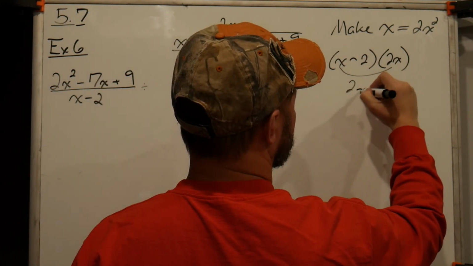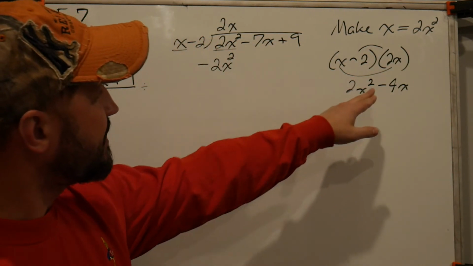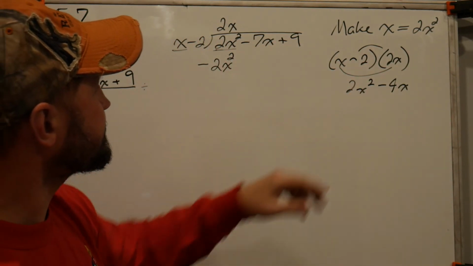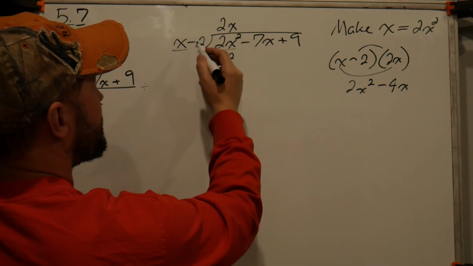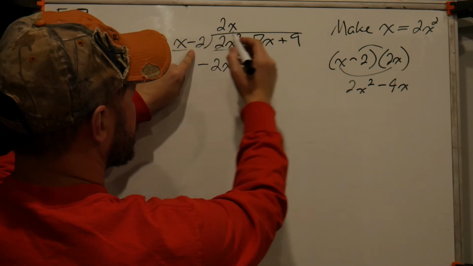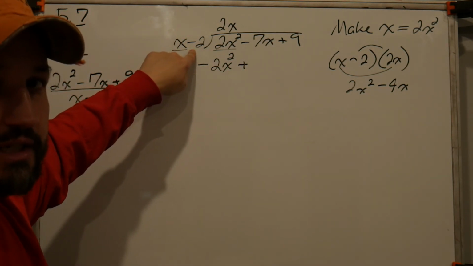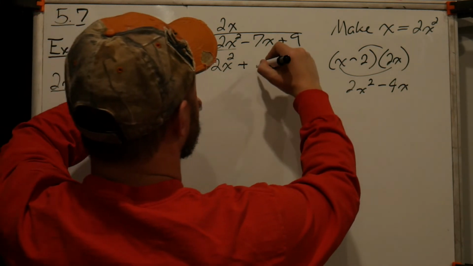That gave me my 2x squared, but then I also have a negative 4x. So my negative 4x, again opposite, think opposite down here. I have a negative 4x, I'm going to subtract it. Minus a minus, minus a negative. So we're adding it. 4x.